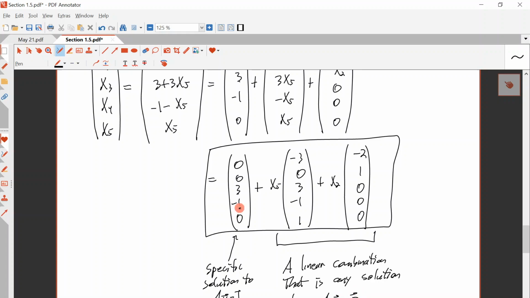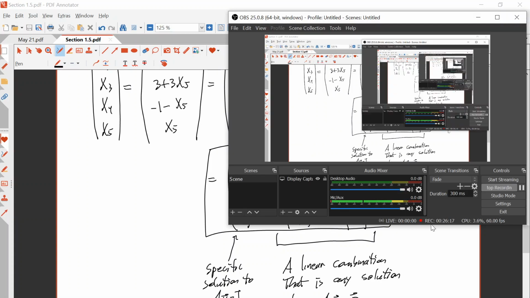And this is just one specific solution to Ax equal to b, the non-homogeneous system. How do you get that it's a specific solution? Well, just choose x2 and x5 equal to 0. Okay. So that's the most general way of describing solutions to homogeneous and non-homogeneous systems. Okay. All right. That's the lecture for this section.